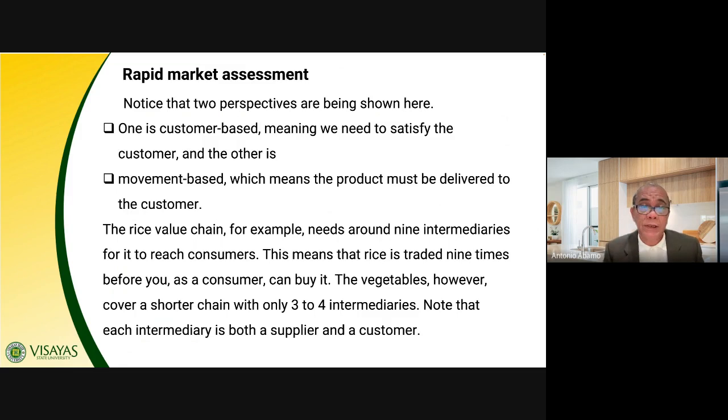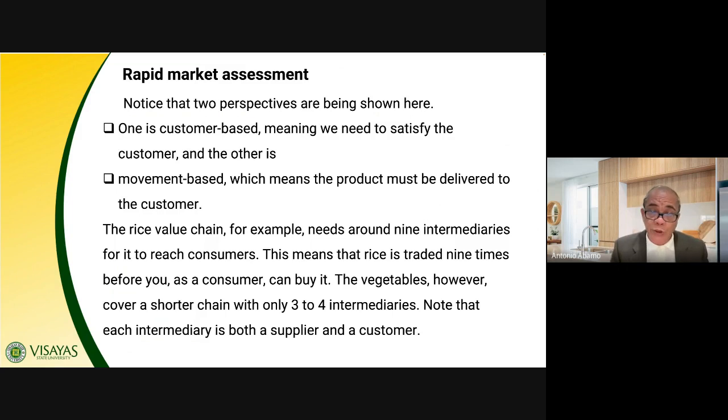And of course, the rapid market assessment comes in two perspectives being shown here. One is customer base, it could also be movement base. So remember, the market assessment focus can be customer based or movement based, meaning the product must be delivered to the customer at a very specific time.